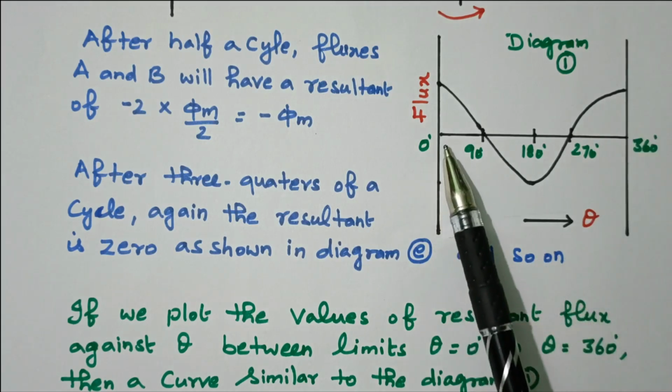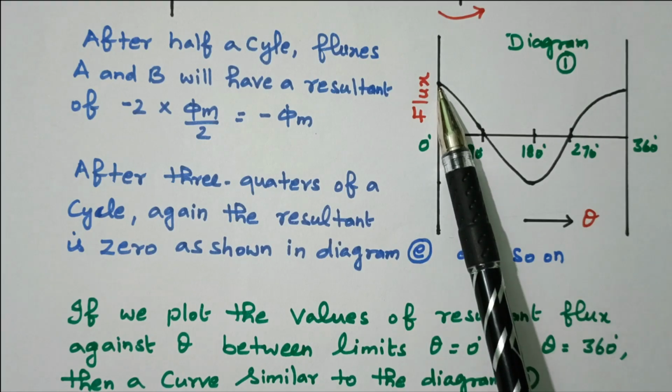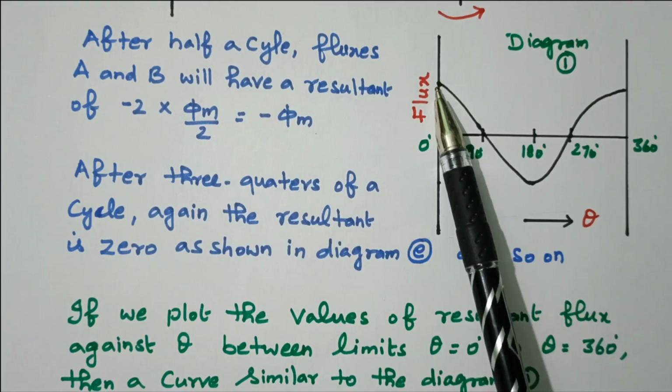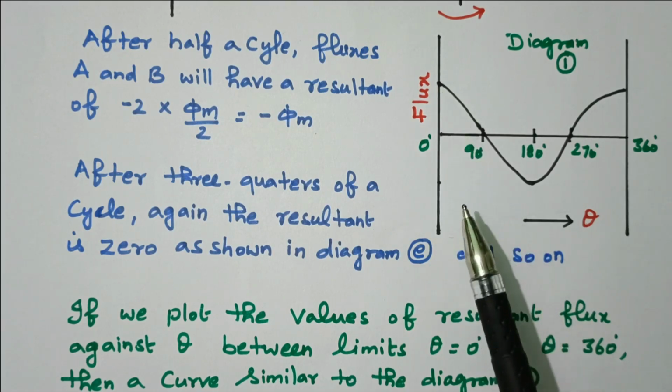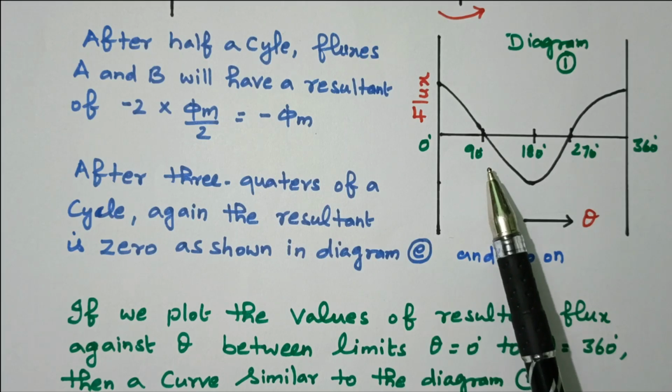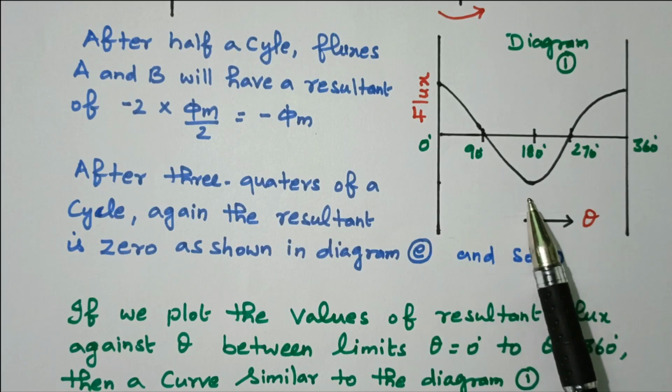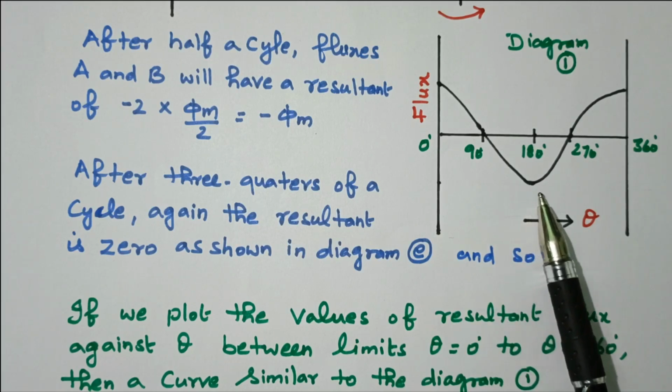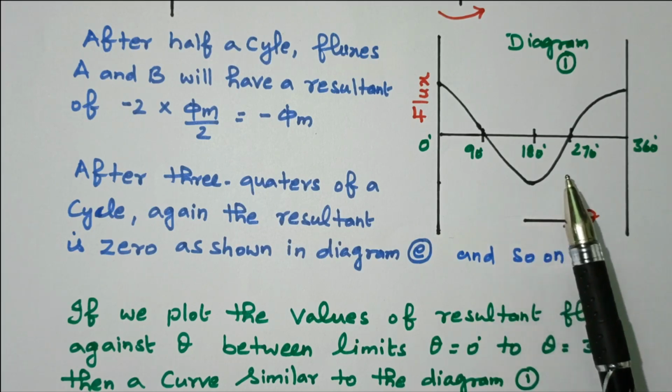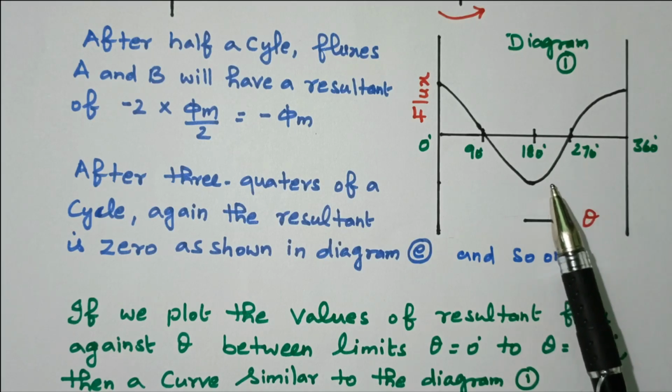Right? So at 0 degrees the flux is the maximum, pi m. While rotating in clockwise and anti-clockwise directions, both are on opposite sides. The net flux is 0. Still it keeps on rotating clockwise and anti-clockwise. It will go to negative, minus pi m. Again while rotating, both are placed in opposite directions.